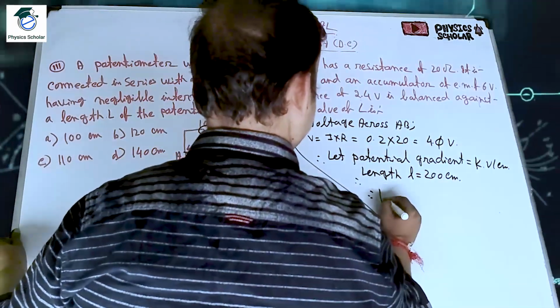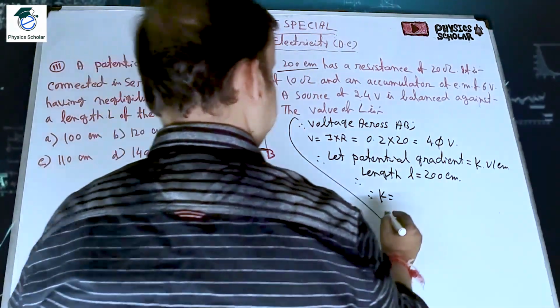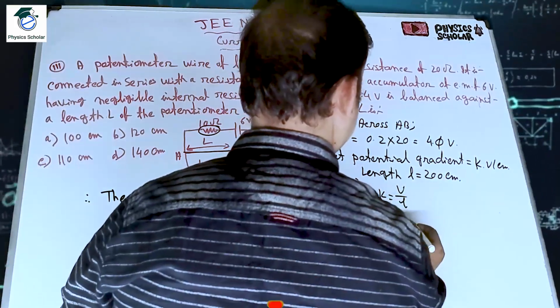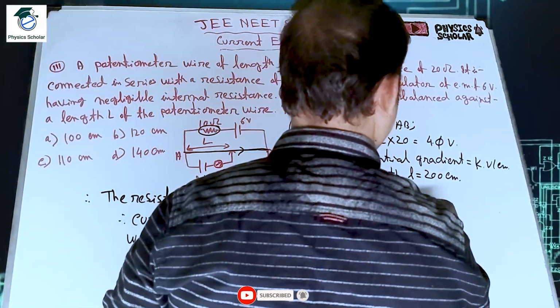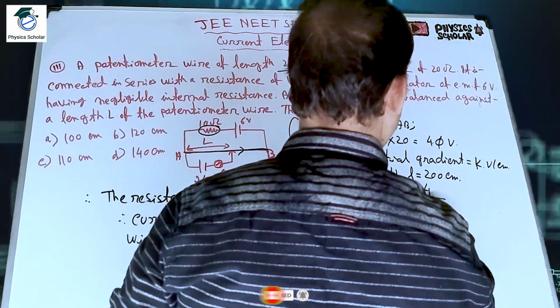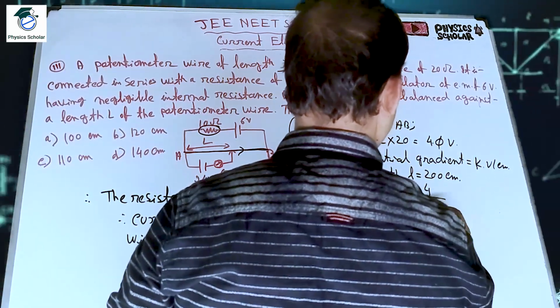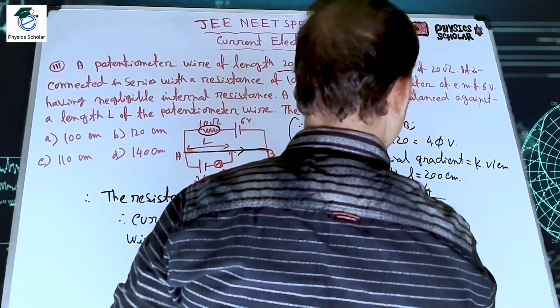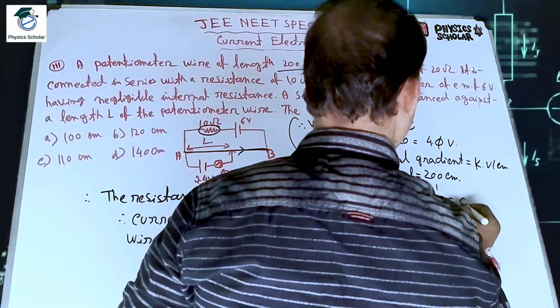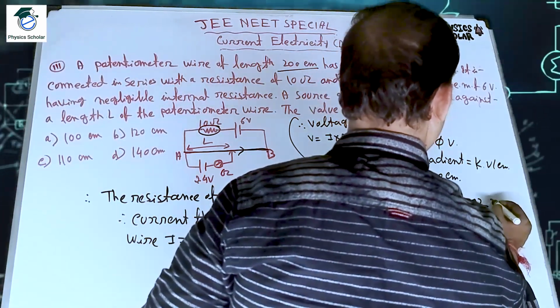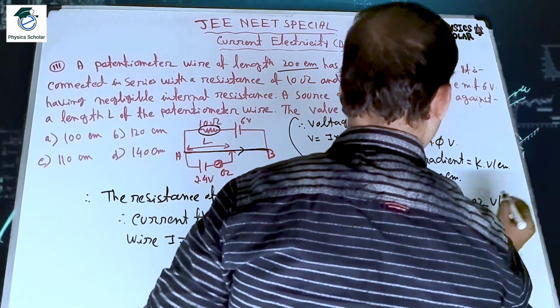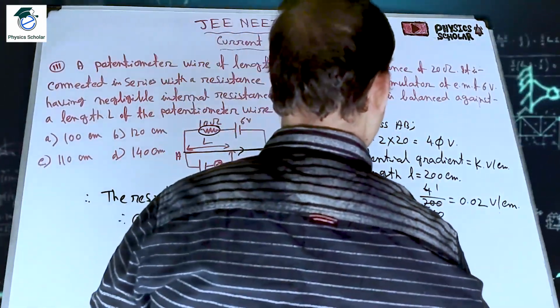So K is equal to V by l, which is 4 by 200, volt per centimeter.